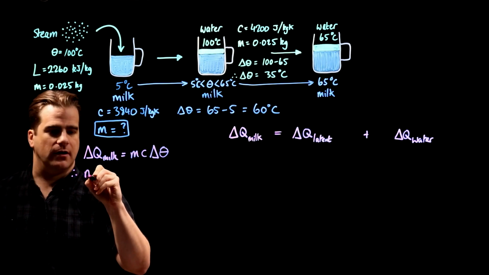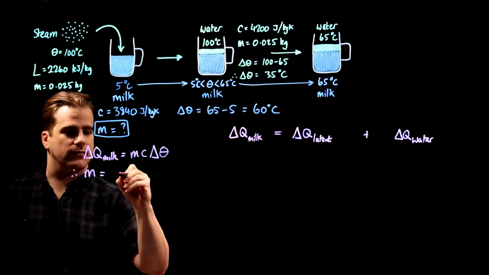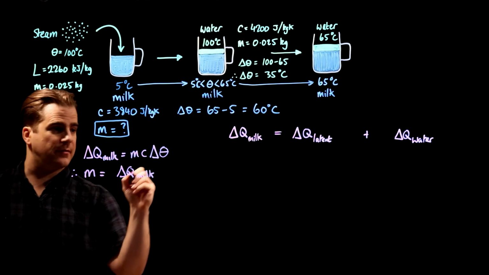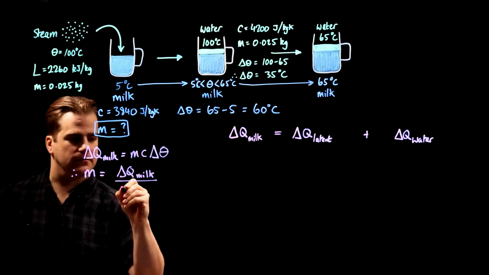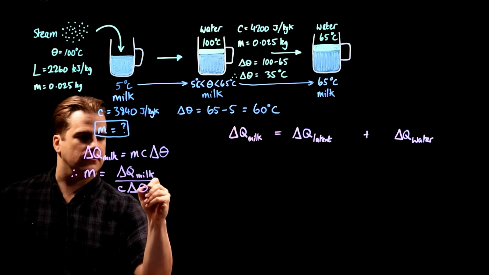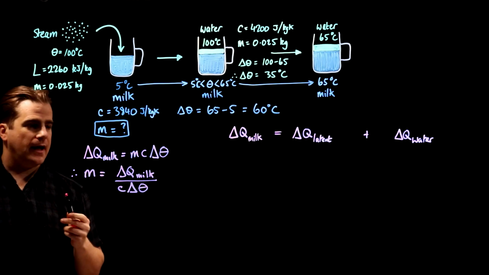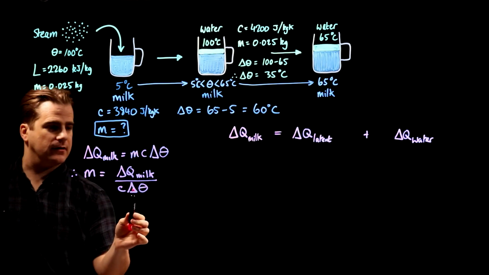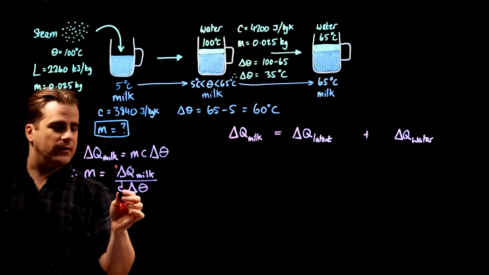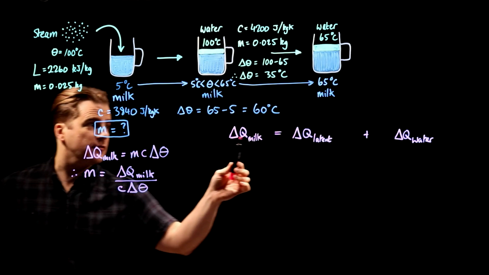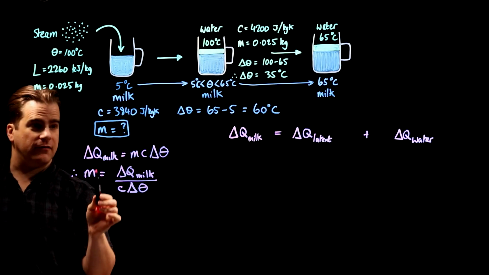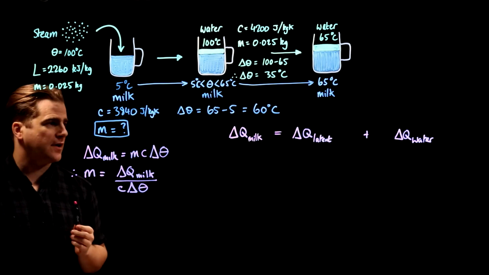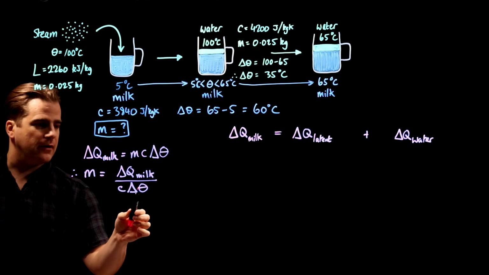Therefore, m equals delta Q of the milk divided by c delta theta of the milk. Now, we know the c of the milk, we know the delta theta of the milk. So we're going to work out delta Q of the milk from this, and therefore we have m, what we want, and we've won.